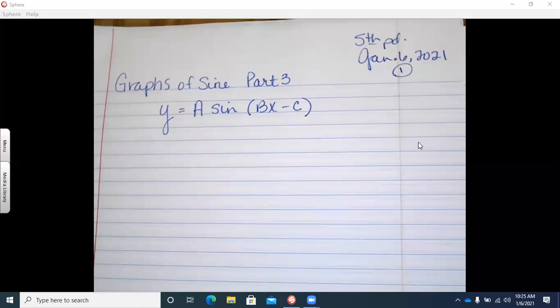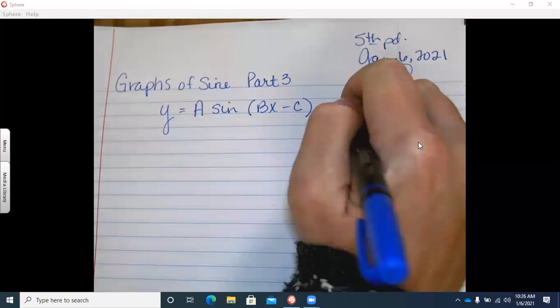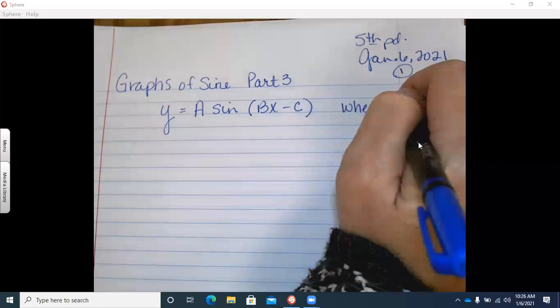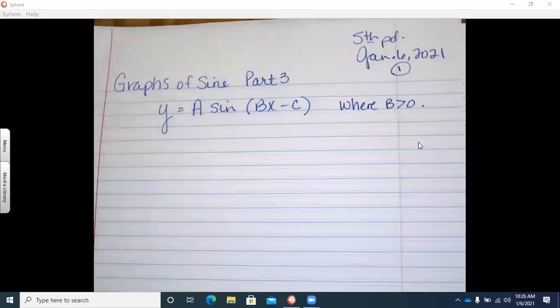And so what's new about this is we have that minus c, okay? So when we have that minus c, we have what's called a phase shift, and that's what we're going to be learning about today. We also need to know this is where b must be greater than 0, because you can't have a negative period.